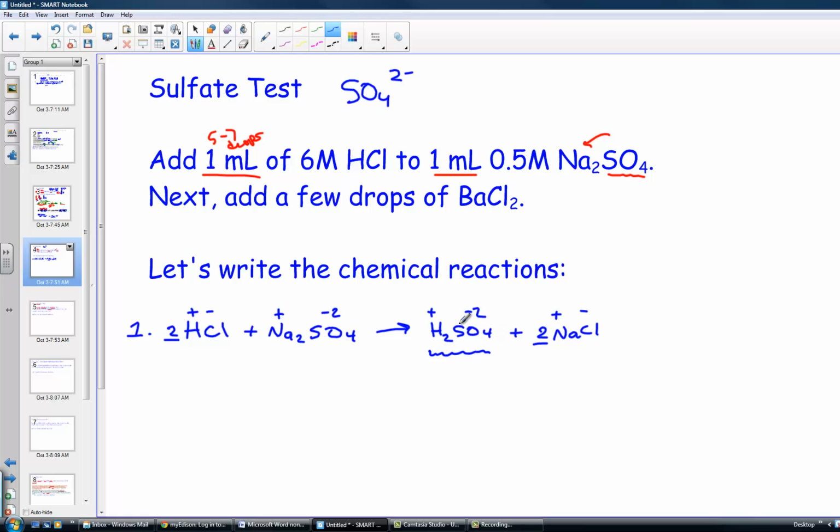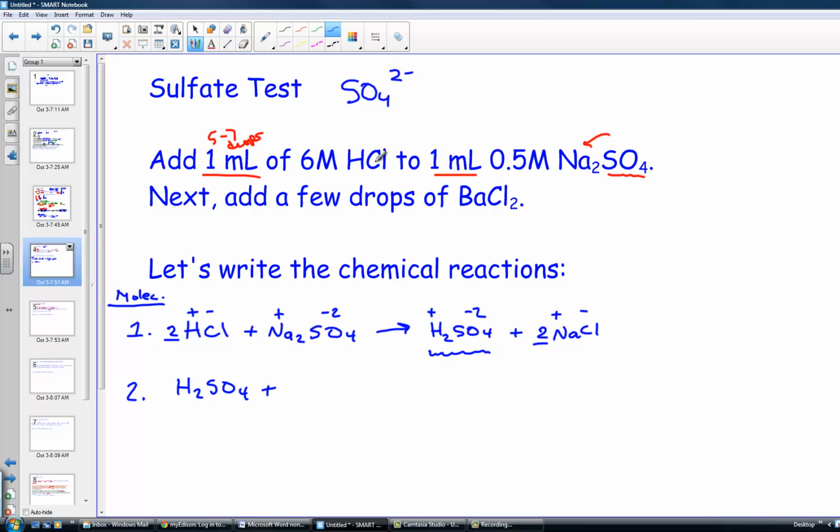This is where the sulfate now lies. So let's take a look here, and I'm really just combining both of these into one set called molecular equations. Step 1, we turn the sodium sulfate into hydrogen sulfate. That becomes the very next reactant as we add the next ingredient.